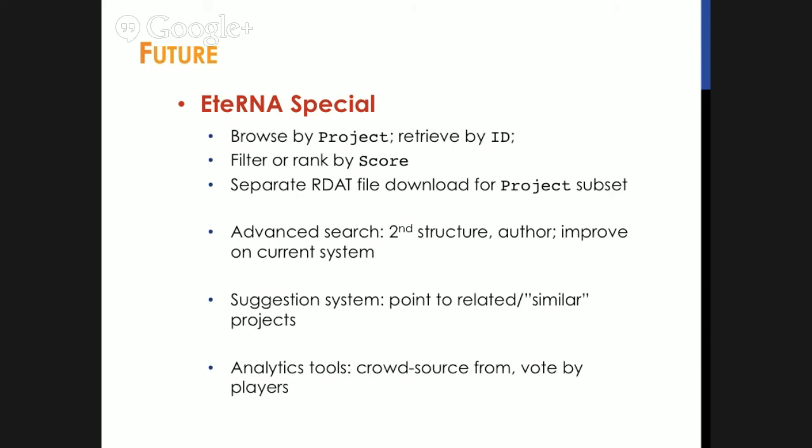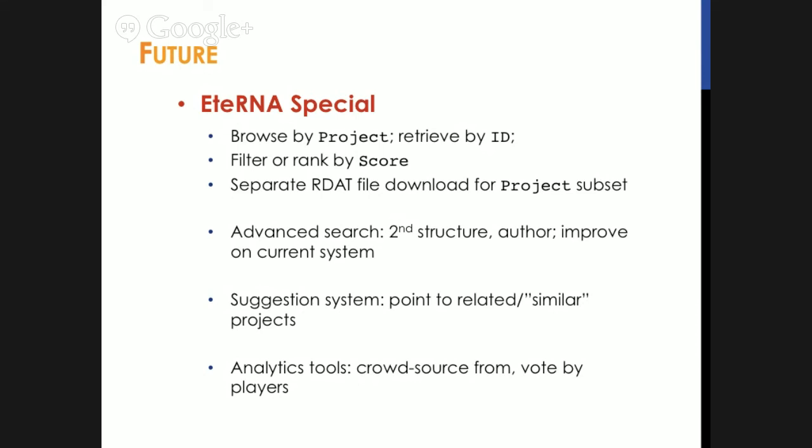I think we should improve and expand the current search system. And also for Eterna, one of the challenges is that the total database is huge, so we should develop a way to do a fast search out of millions of entries.